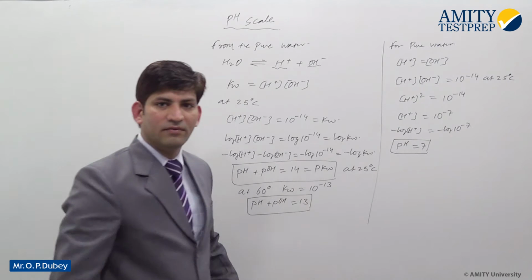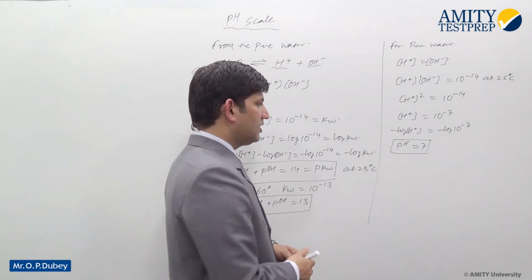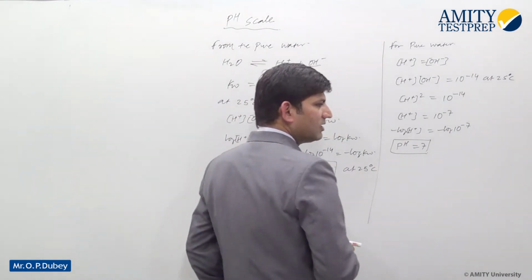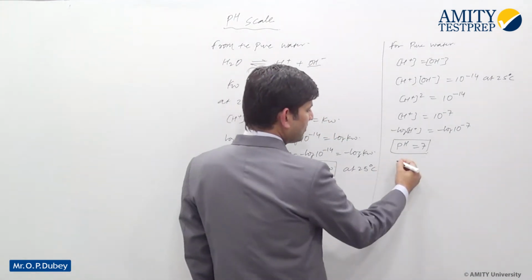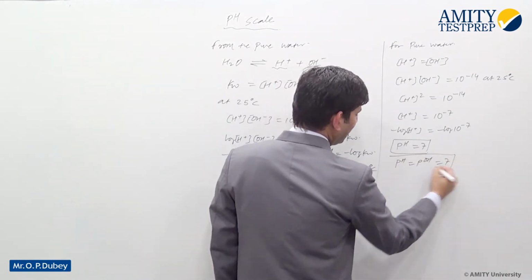That is, in case of the pure water, the pH of solution is 7, that is H plus ion concentration and OH minus ion concentration both are equal, since the pH and pOH both are equal, and that is equal to 7.